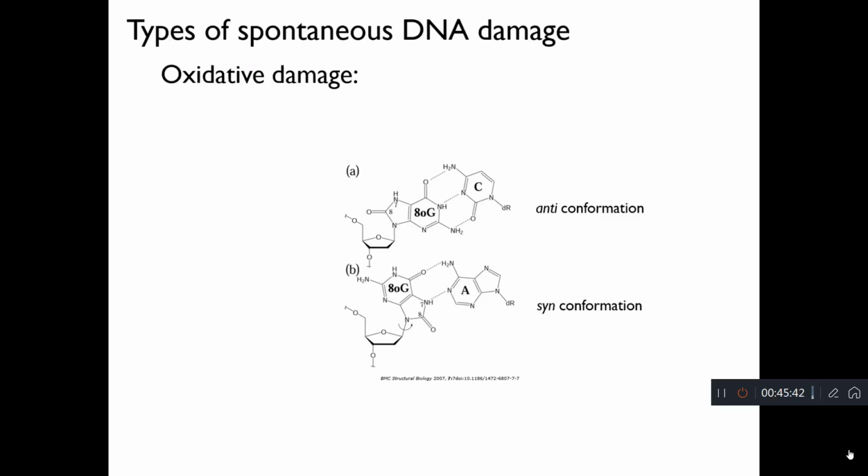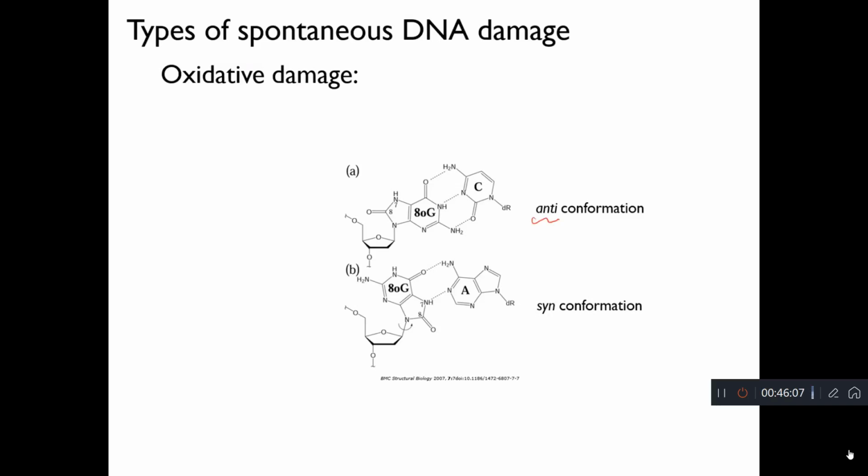If you recall, bases have a couple of configurations with respect to the sugar, and they're referred to as anti and syn. We talked about this in the first section of the course. So which one is normally preferred? If you remember, it is the anti-conformation, right?